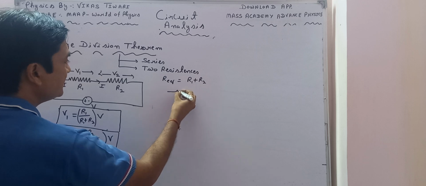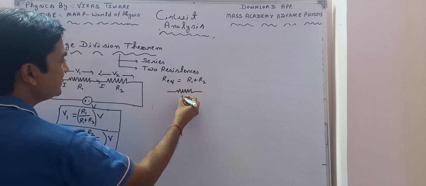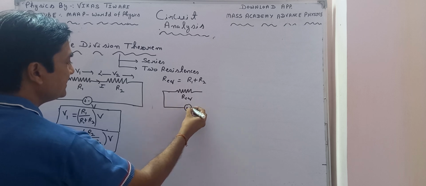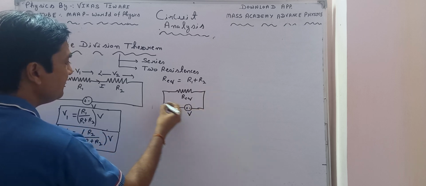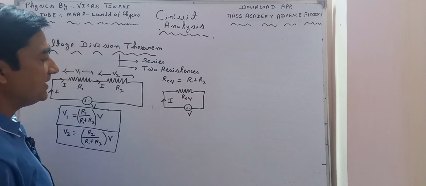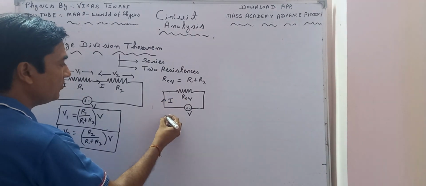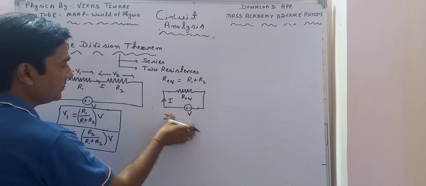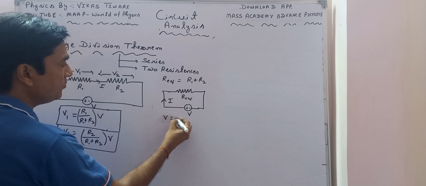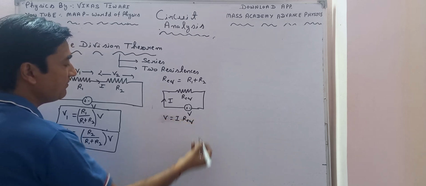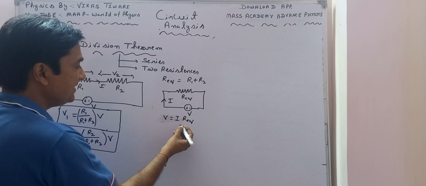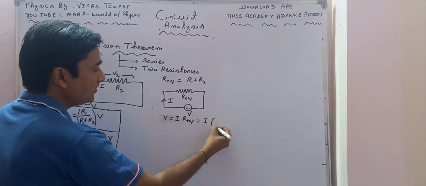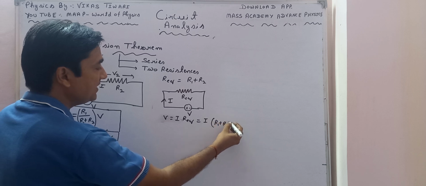In the equivalent circuit, this is R equivalent, the voltage across it is the same voltage V, and the current flowing is I. So V is equal to I into R equivalent, and R equivalent is R1 plus R2 here.